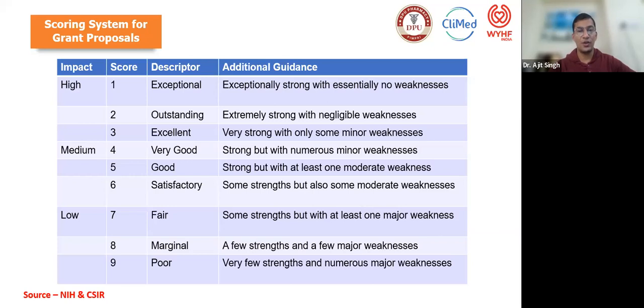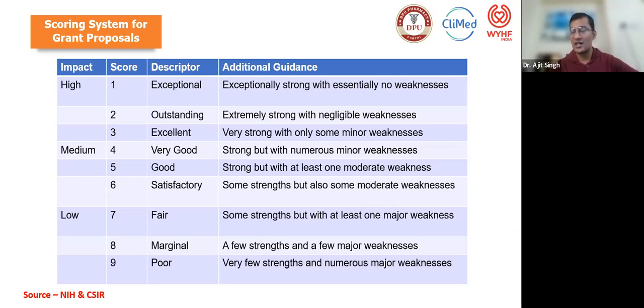I really don't think it's needed to discuss these low ones, but 7 is fair: some strengths, but with at least one major weakness. Maybe you left out writing about the investigator, or institutional support is not good, or you are not properly eligible, or your idea is not that innovative, or your execution plan is not clear, not vibrant, not coherent.